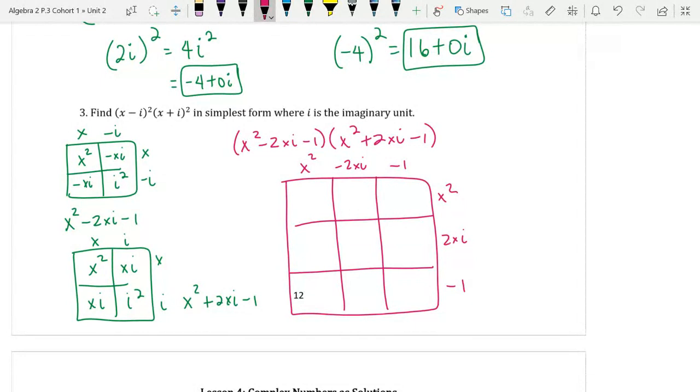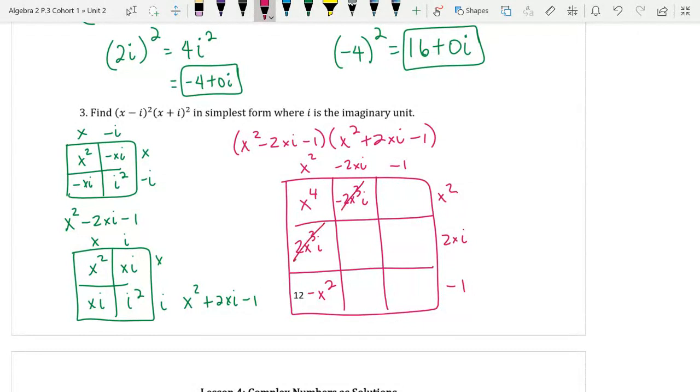All right, so a little bit more multiplication here. x squared times x squared is x to the fourth. x squared times 2xi is going to be 2x cubed i. x squared times negative 1 is negative x squared. Negative 2xi times x squared is negative 2x cubed i.